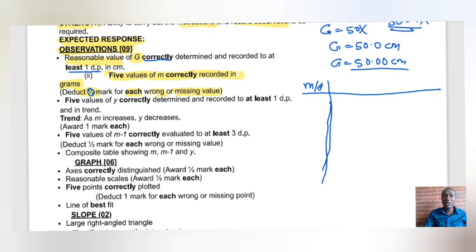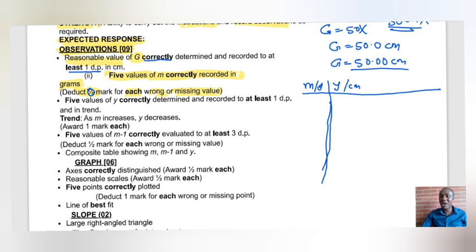Then 5 values of Y correctly determined and recorded to at least one decimal place. So you are recording the value of Y to at least one decimal place again, because you are taking a direct reading from a reading instrument, the meter rule. So on my table, I'm going to have Y in cm.